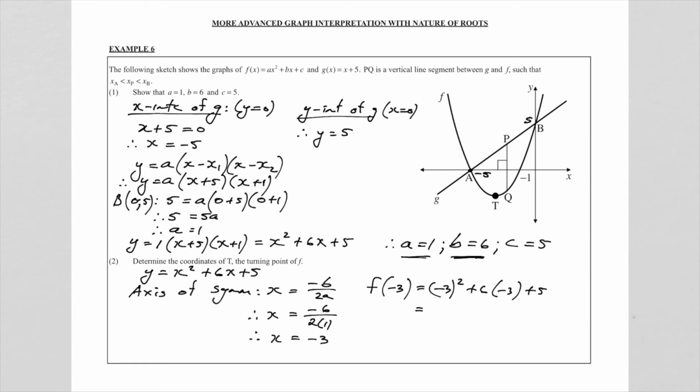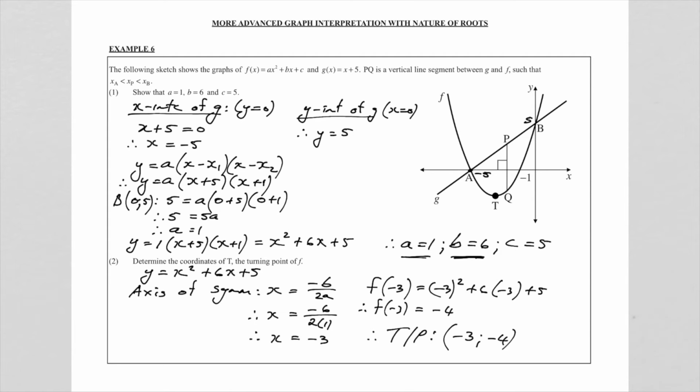And that will give us the y value of our turning point. And I hope you agree that this will give us 9 - 18, which is -9, + 5, which will leave us with -4. So that means our turning point will be x = -3 and y = -4.